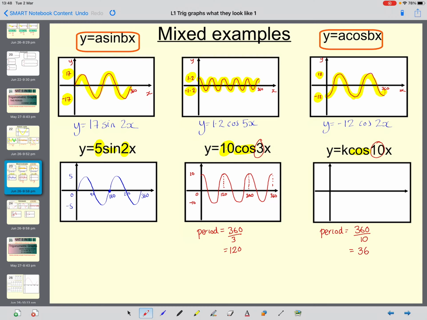So the period of one of the cycles should be 36. So if I just draw one cycle, that would go up to 36. And then you can see that my amplitude is k, so it's going to go up to k and down to -k.